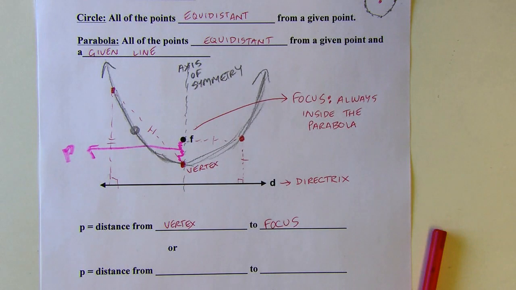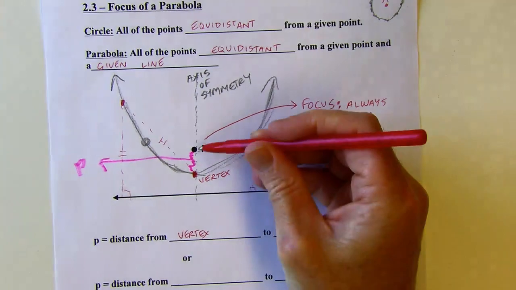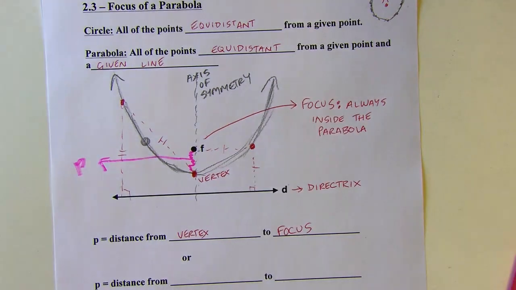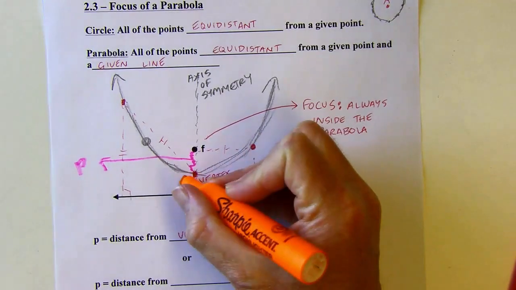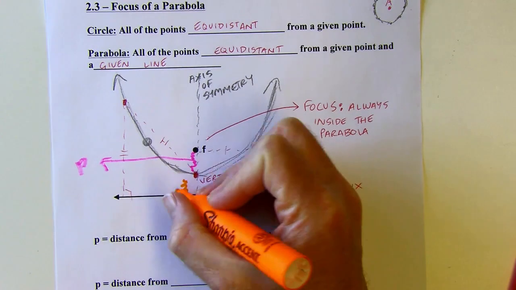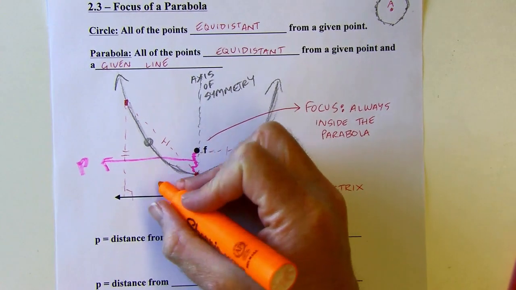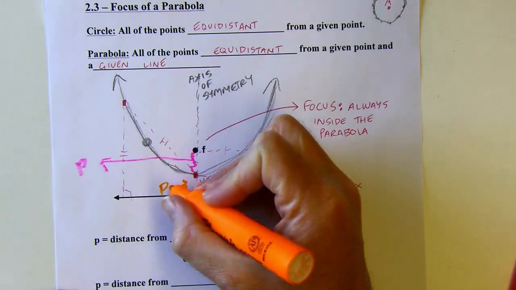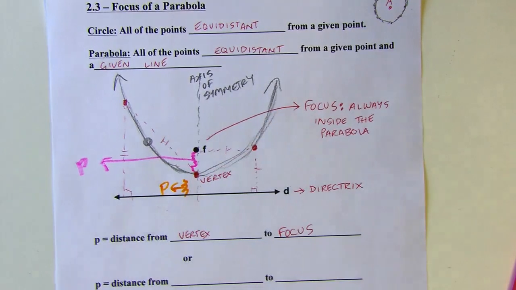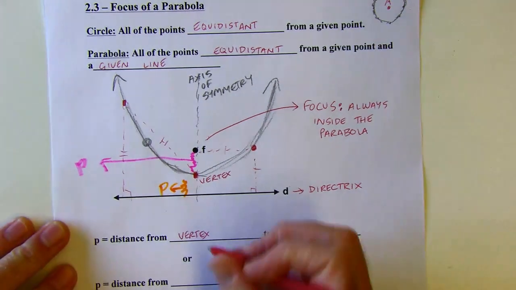Or it's going to be the same actually as the distance from the vertex to the directrix, because if you think about it, the vertex is halfway between the focus and directrix, so that means that this could also be P. Okay, so it could also be from the vertex to the directrix.